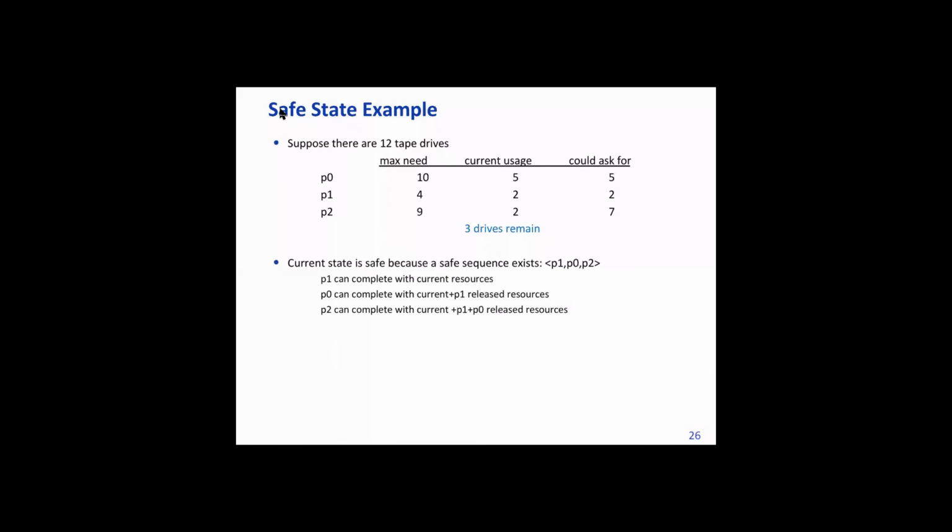It means that P1 can complete with current resources, right? Then P0 can complete with current plus P1's, because P1 has now released resources, and P2 can complete with current and P0 plus P1's resources.